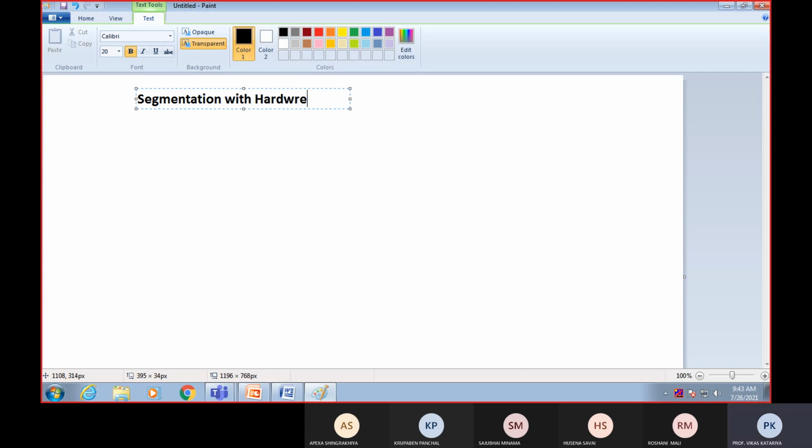Segmentation with hardware. This is the name of the technique which we are going to discuss in this session.